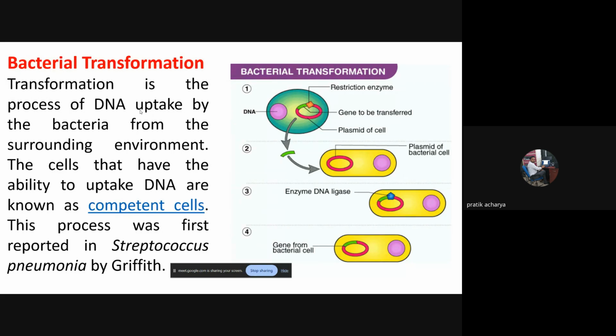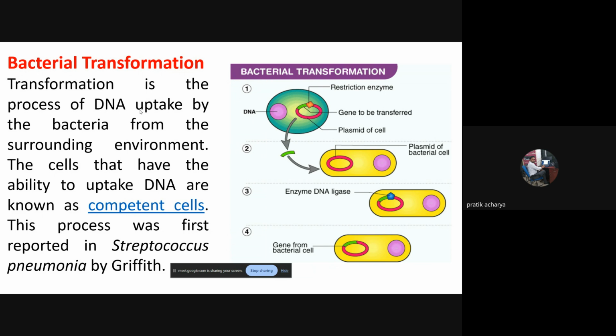Transformation explains the process of DNA uptake by bacteria from the surrounding environment. The cells that have the ability to take up DNA are known as competent cells, and this process was first reported in Streptococcus pneumoniae by Griffith. We all know the Griffith experiment.